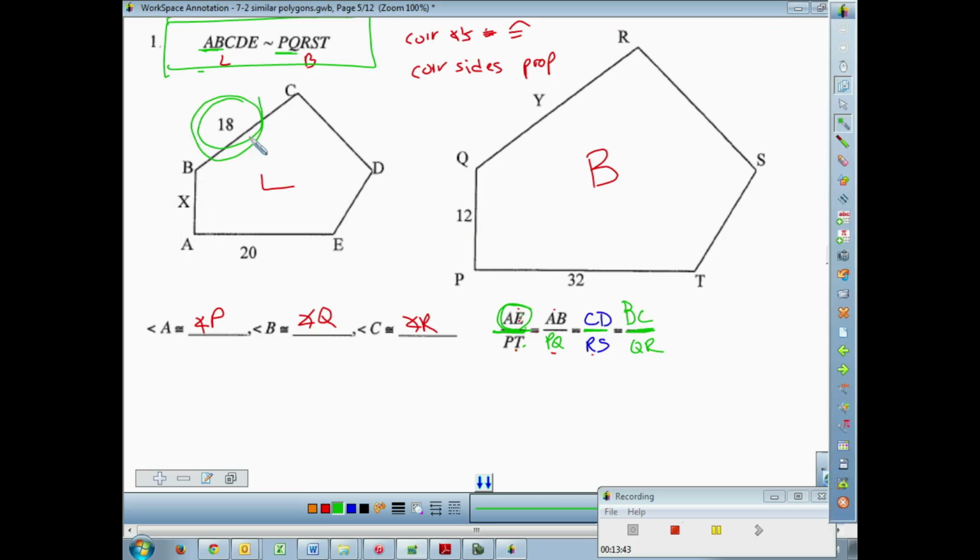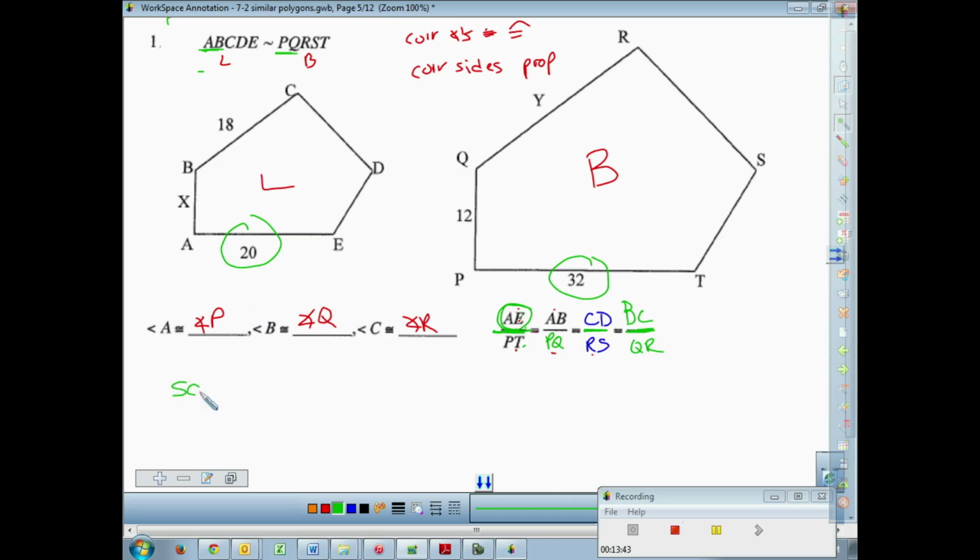Here's an 18. What corresponds to that in the other polygon? Do I know both their lengths? Nope. But obviously, boom and boom. Don't those guys correspond to each other, and you know both their lengths, correct? So how will I write my scale factor? Scale factor. I think it might say that for you below. Should I do 20 over 32 or 32 over 20?